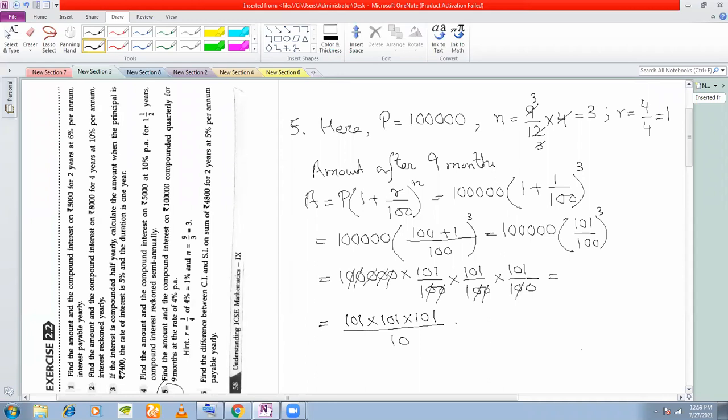Okay, so if you multiply this, you will get 1030301 divided by 10. So you get rupees, now because you have a 10 in the denominator, you just shift 1 decimal to the left. So you get 103030.10, which is 10 paisa.